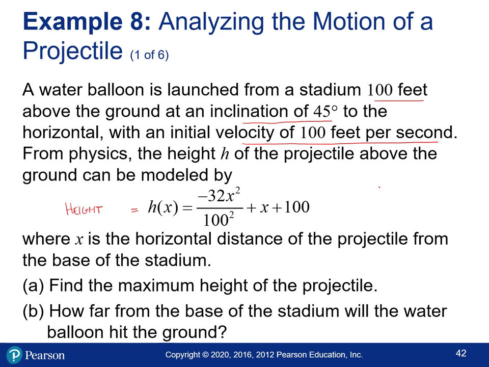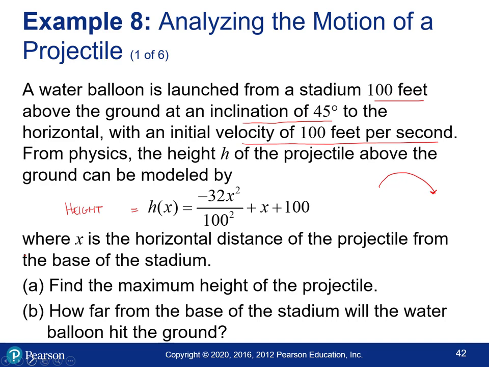So if you can picture this, like you throw a water balloon into the air, it goes up and then it comes down. Okay, and so this is actually a parabola shape. So that's why things like this, projectile motion, are part of the quadratic function discussion.